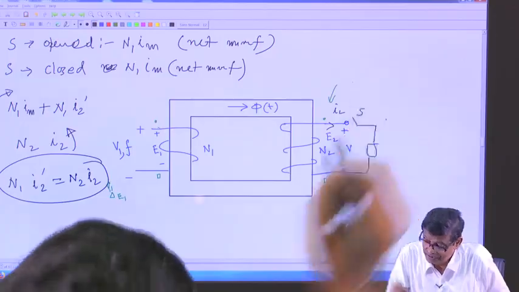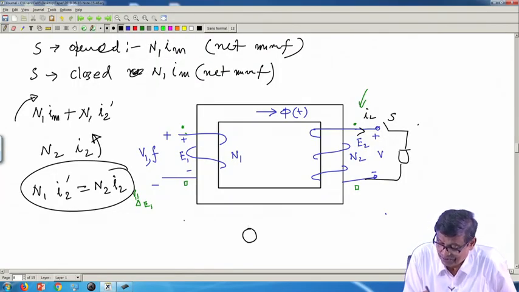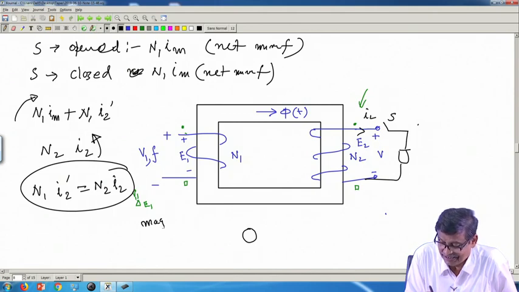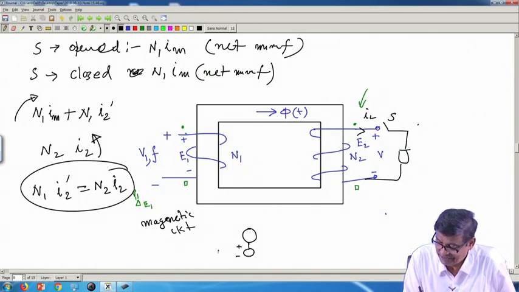So, if I draw the magnetic circuit like this, suppose the magnetic equivalent circuit, there are two MMFs, plus minus N1 IM, and here also plus minus N1 I2 dashed.